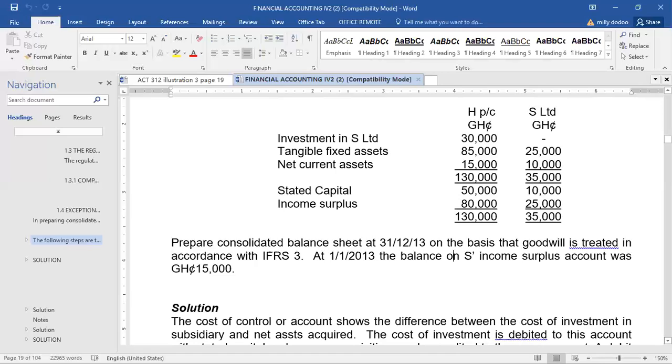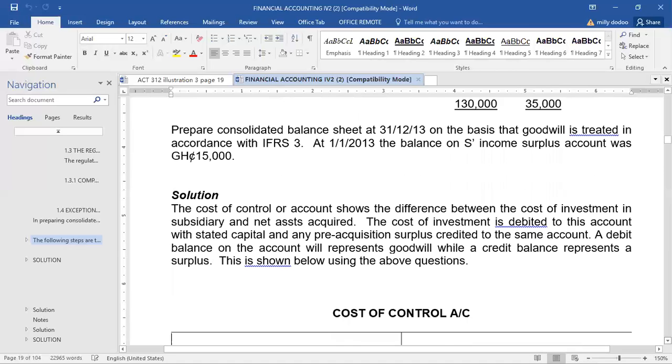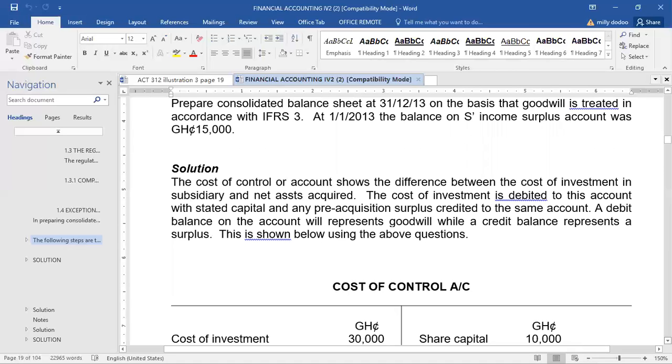And then the remaining goodwill, which is called the unamortized goodwill, is sent to the balance sheet. So whenever we test for impairment, the amortized goodwill is written off in the books, and the unamortized goodwill is sent to the balance sheet.